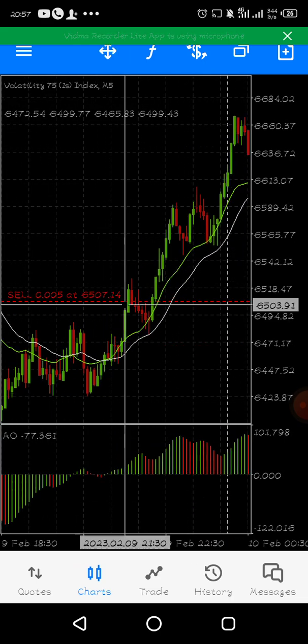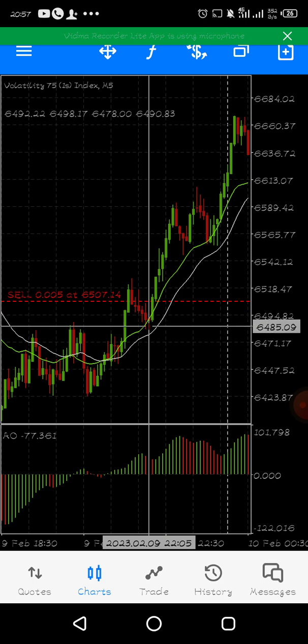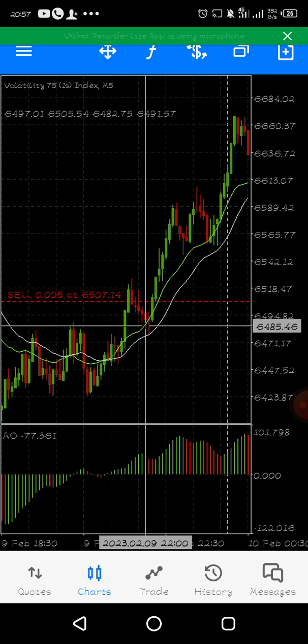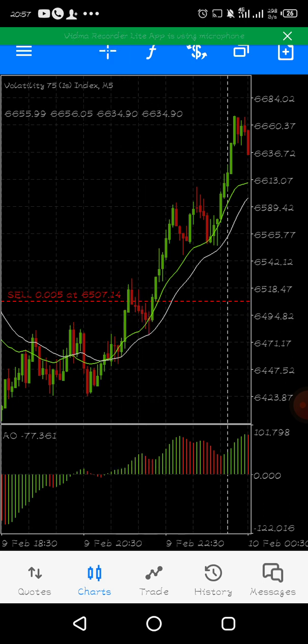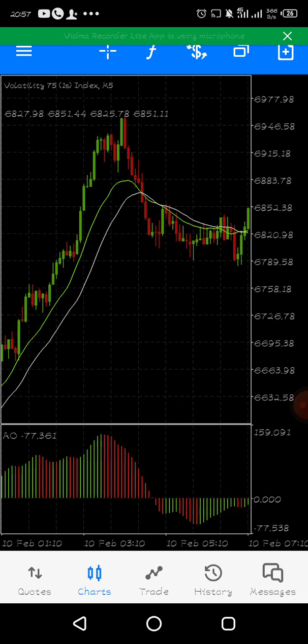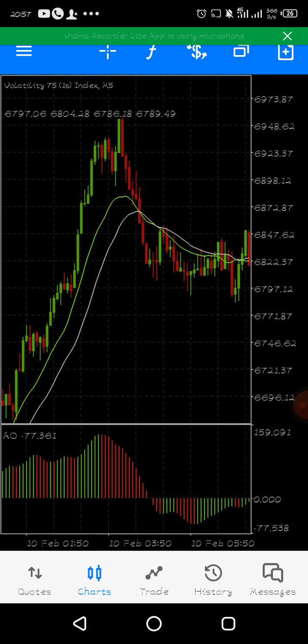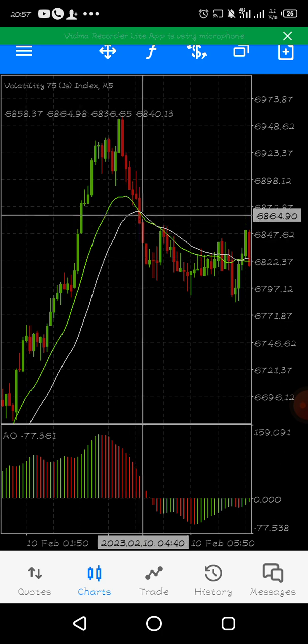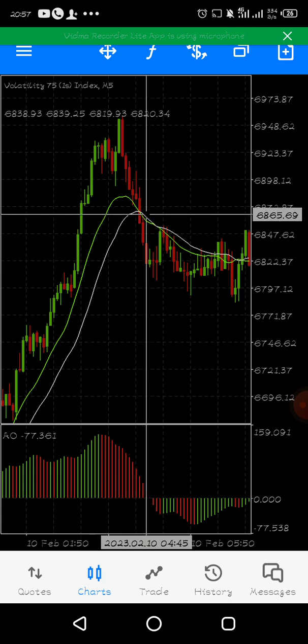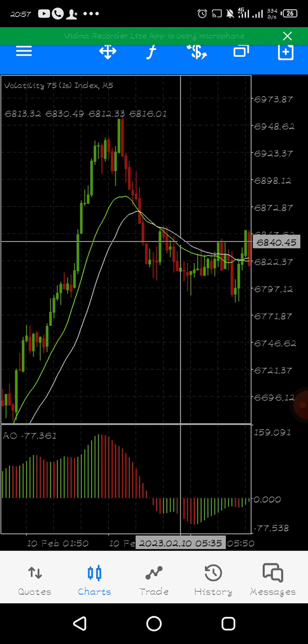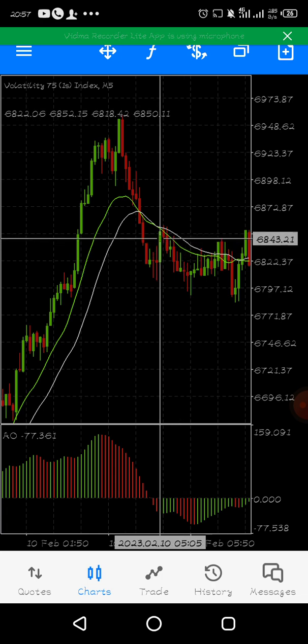So if I enter this trade from here, from this point above zero level, see how much I would have earned. And look at here as well, as it's tightening up here and tries to close around here.